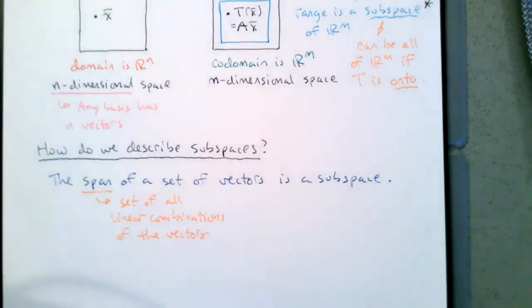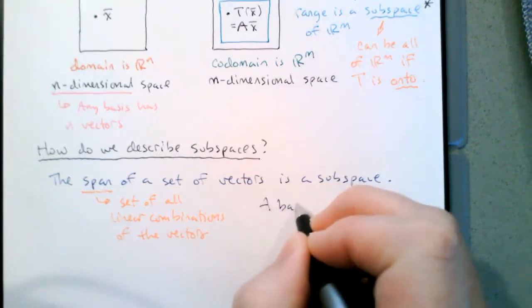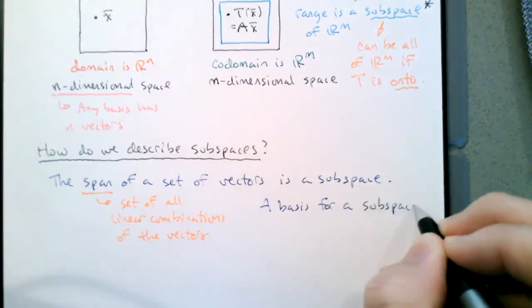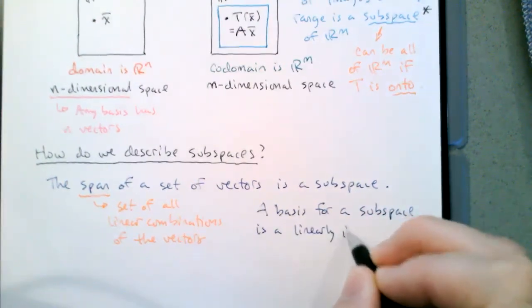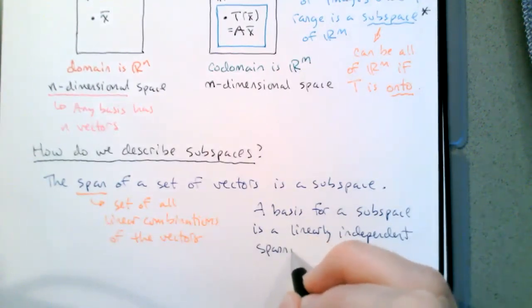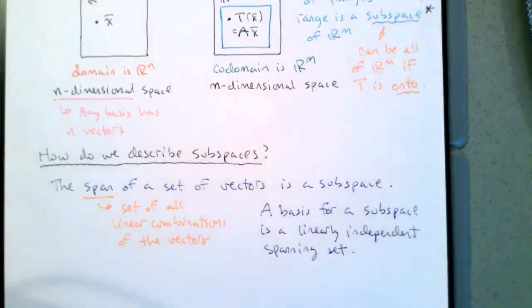A basis for a subspace is a linearly independent spanning set. So we're going to describe subspaces by finding a basis for the subspace.